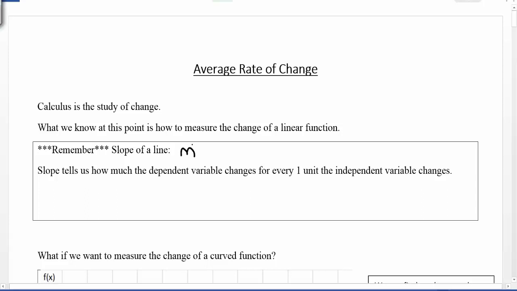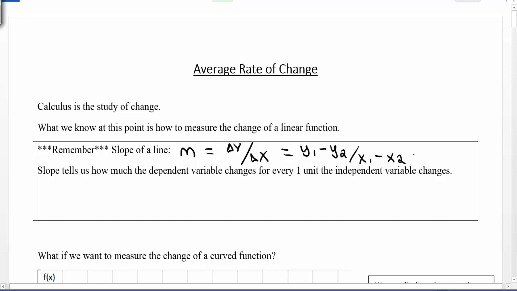Oftentimes, you'll see slope of a line called m. M represents the slope. You may also have seen it as delta y over delta x, the change in y over change in x. Similarly, you may have seen something like y1 minus y2 divided by x1 minus x2.